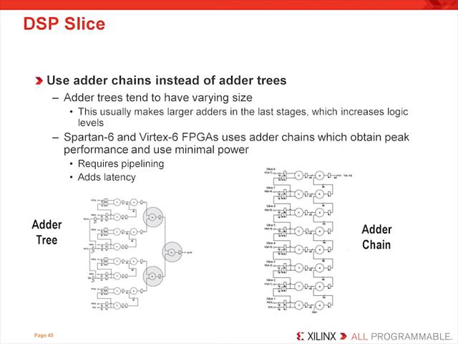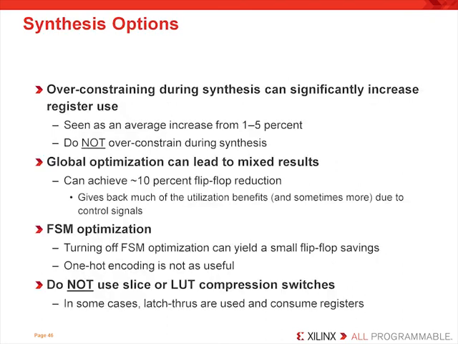This type of design requires additional pipelining, which adds latency but gets optimum performance when targeted toward the DSP slice resources. Now, the easiest way to build this is by instantiating the appropriate core from the core generator, which will build this optimized component automatically. This will allow you to get the most out of the DSP slice, save device resources, get better speed, and save power. And simply put, wow, that's just a whole lot of advantage. So make sure you do this.